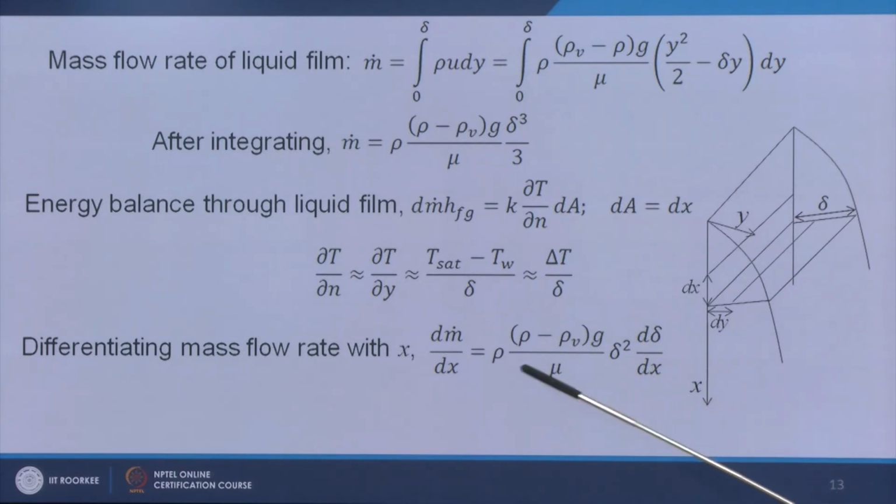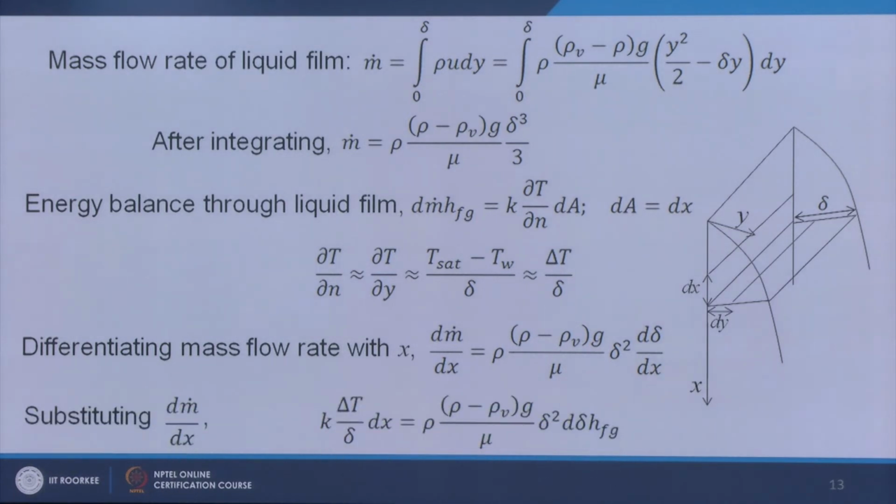So, once again we have got a differential equation which we can integrate. Let us integrate with respect to x. Before that, let us put the value of del m del x using this equation. Once you put it in, it becomes k delta T by delta into dx equals (rho minus rho v) into g by mu into delta square d delta into hfg, which can now be easily integrated.